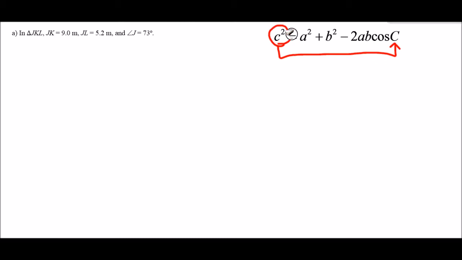In this question, the information I have is not about triangle ABC, it's about triangle JKL. The information is about angle J, which means small j has to be the side over here, because this is going to be angle J. And then the other two sides are K and L.